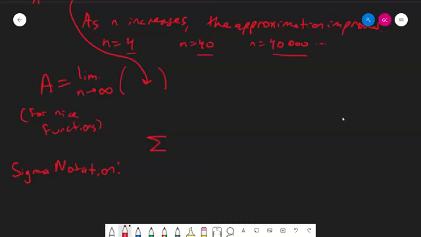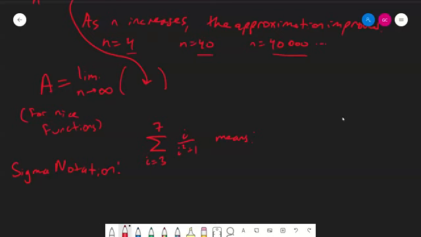Capital letter sigma from, say, i equals 3 to 7 of, let's say, i over i squared plus 1. What does this mean? The idea behind sigma notation is that you're going to be adding up a bunch of terms that all structurally look very similar. We use capital letter sigma because that represents that I'm summing things. It's sort of like a big capital letter S.